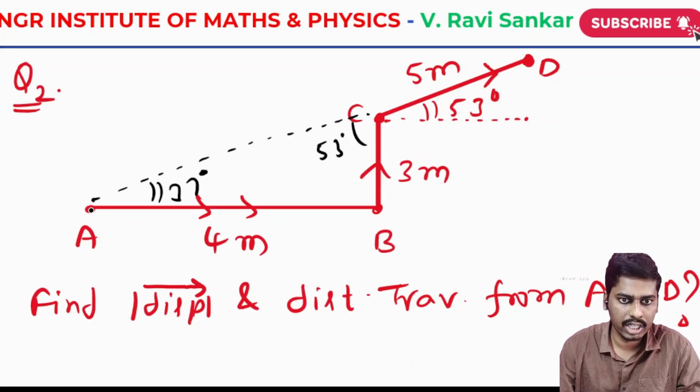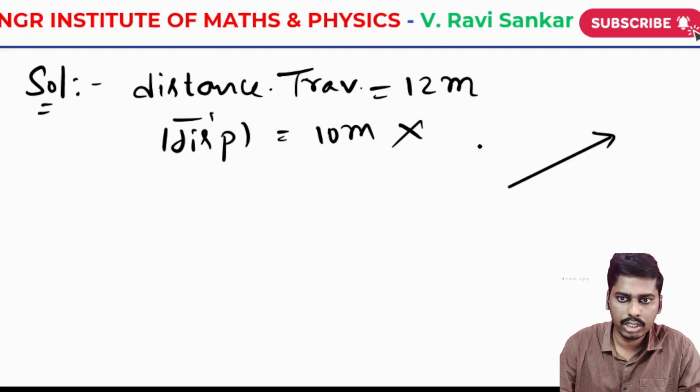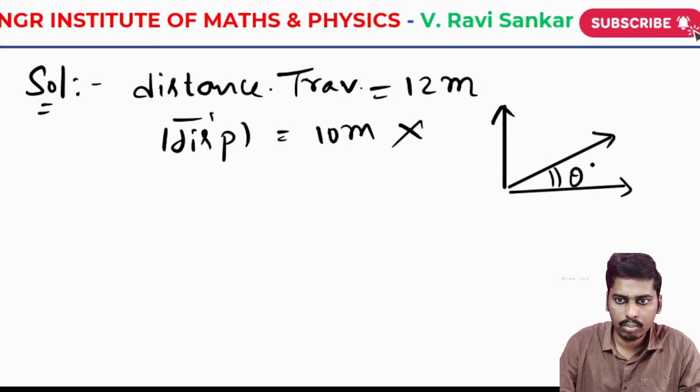Let's take this as the initial position, the origin, 0, 0, 0, x1, y1, z1, and let's find the coordinates of D. To do that, you need to know the first and most important theorem: if this is theta and the length is a, this will be a cos theta and this will be a sin theta.